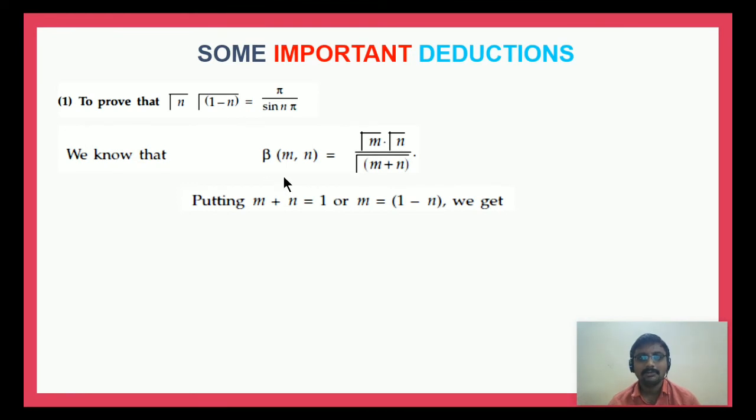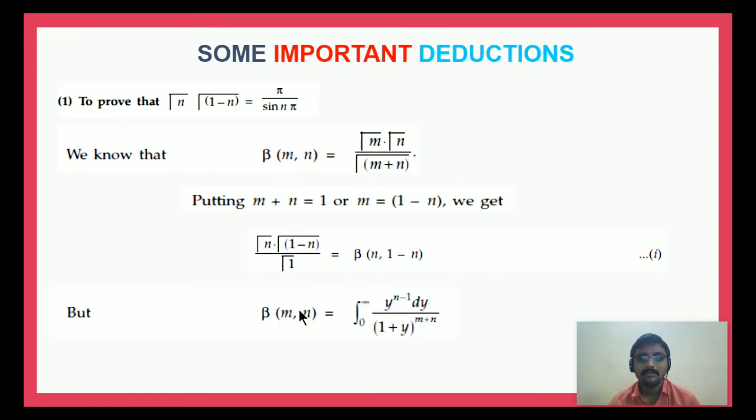Putting m plus n equal to 1, that is m equal to 1 minus n. So we get gamma of n into gamma of 1 minus n upon gamma of 1, because m plus n is replaced here by 1, that is m is replaced by 1 minus n. So let it be equation number 1.